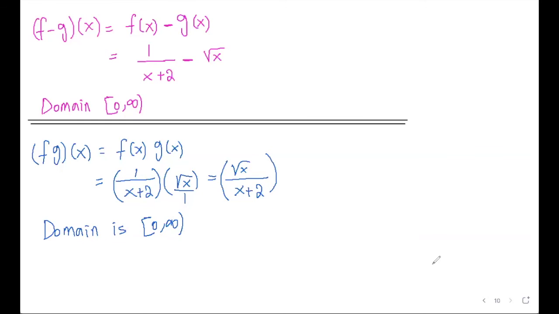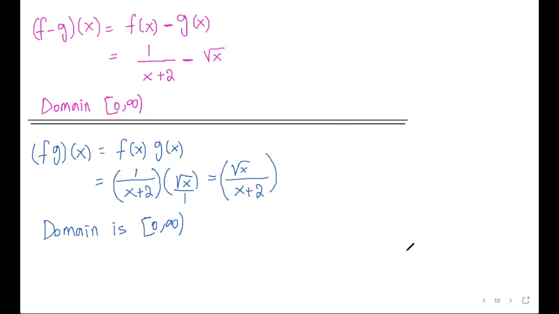Now for the last one, quotient. Now for the quotient, f over g of x.